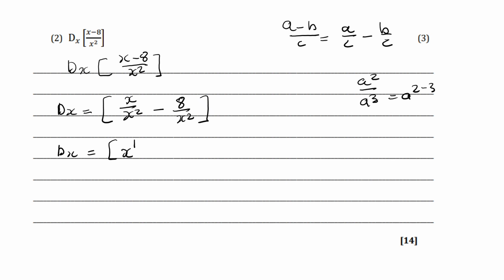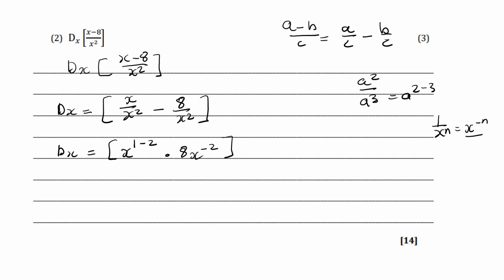This will be x to the power 1 minus 2, multiplied by 8. Remember that I'm trying by all means to remind you the basics and the laws. If I have 1 over x to the power n, this can be written as x to the power negative n. So we can write this as a negative exponent. This is the law that I'm going to use. I can write x to the power negative 2 because this is 1 over x squared.